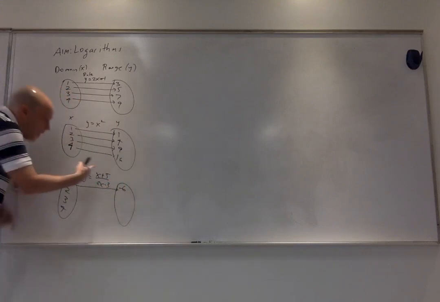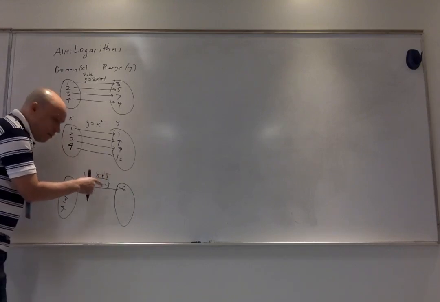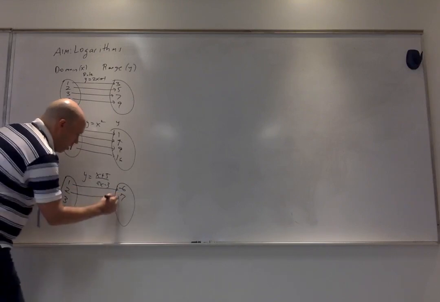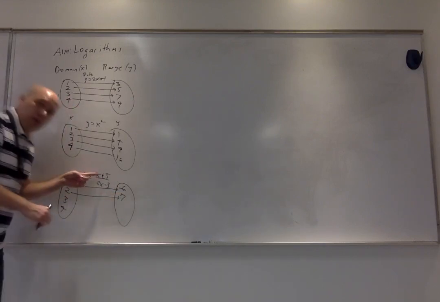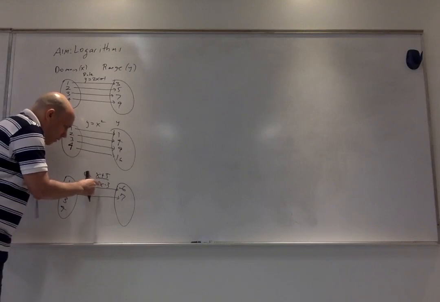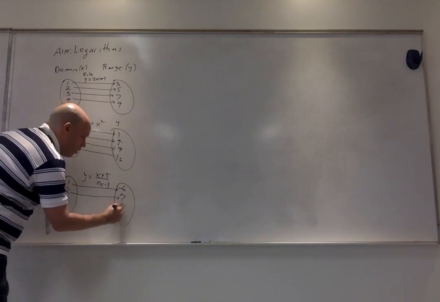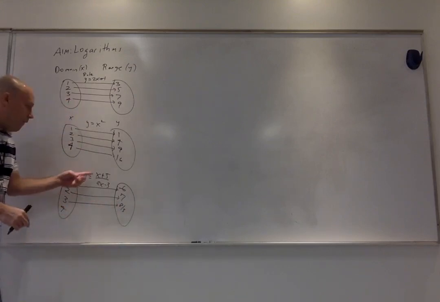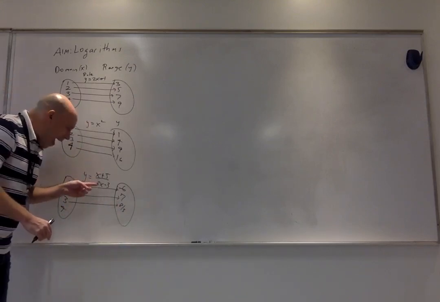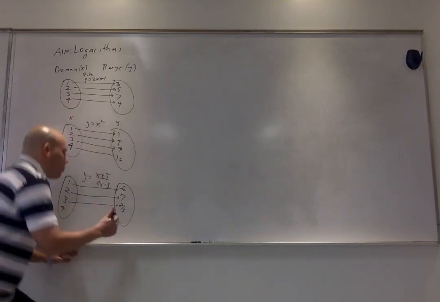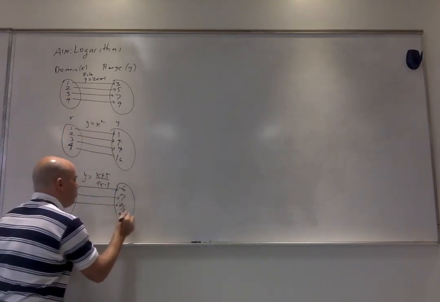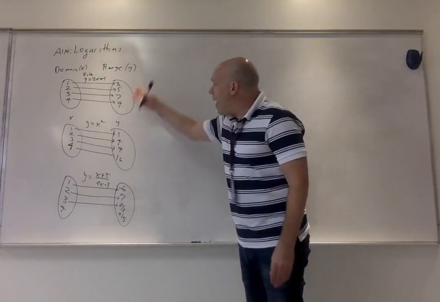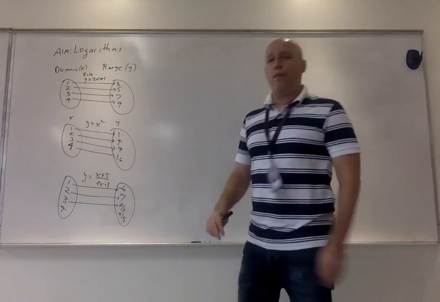For 2, 2 plus 5 is 7, and 4 minus 3 is 1. Not so bad. For 3, 8 over 6 minus 3, 8 thirds. And for 4, 4 plus 5 is 9, and 8 minus 3 is 5, so 9 fifths.